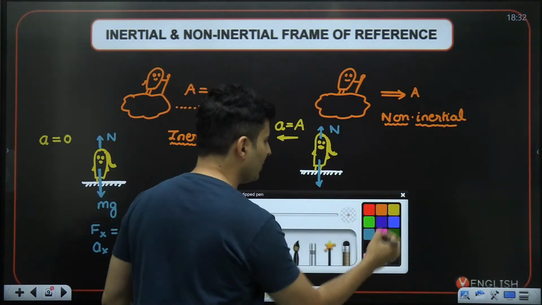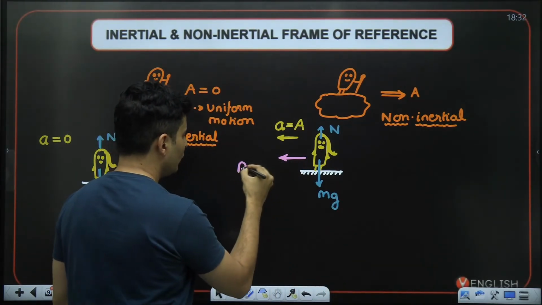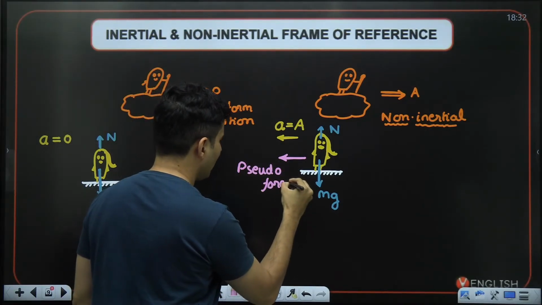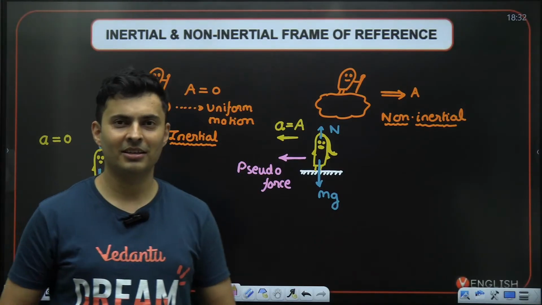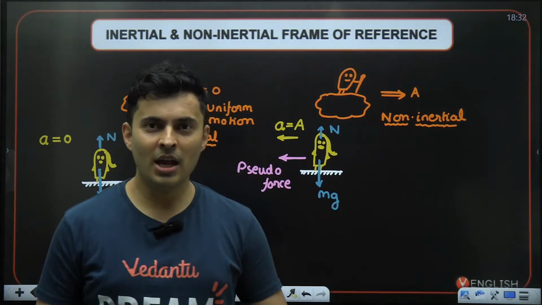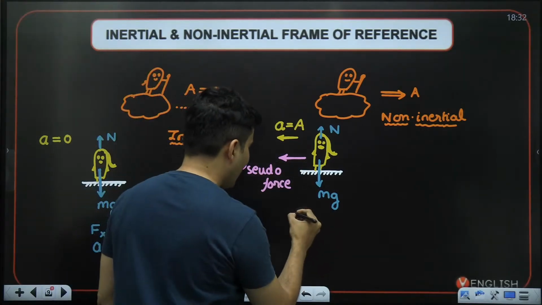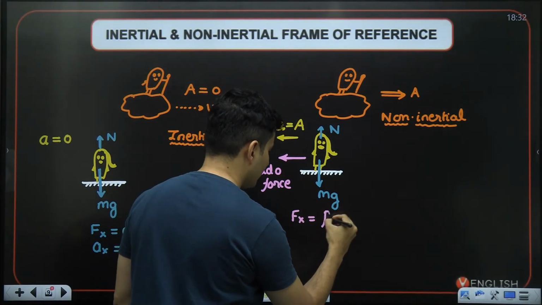And we will give it a new name. We will say there is a pseudo force acting on this Champa. Pseudo means fake, not real. It's a made-up force. And then I can say that there is force in the x direction. Yes, there is pseudo force.